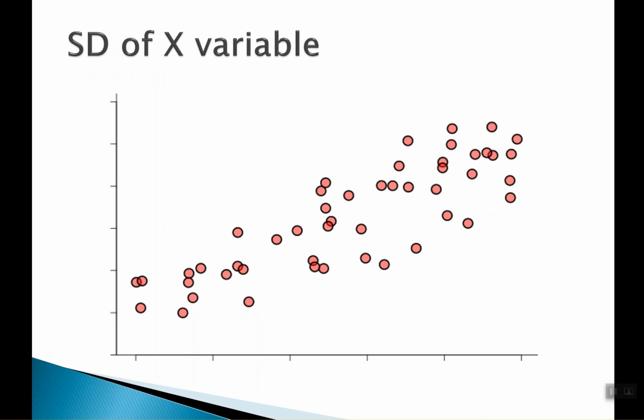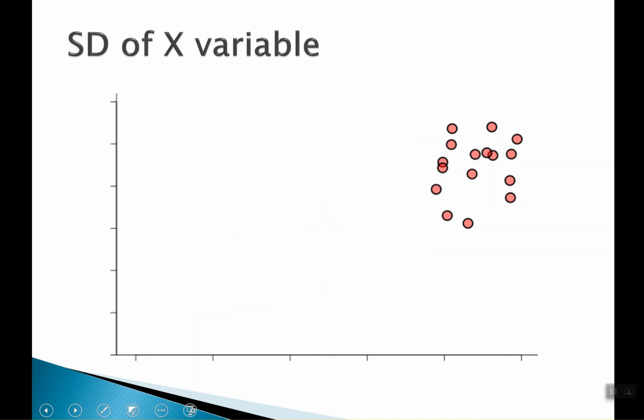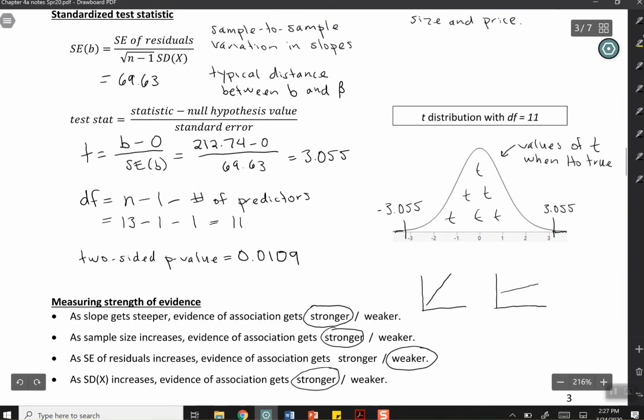So this is showing a pretty reasonably strong association between x and y, right? It's pretty clear that there's a positive association there. But let's say that we restrict our x's and we only look at the high end of the scale. If I only look at the high end, now I really can't see much of an association at all, right? My evidence of an association has gone way down, and that's going to be generally true.